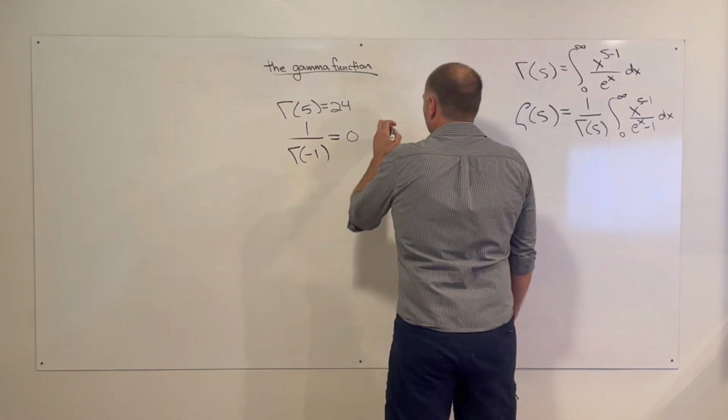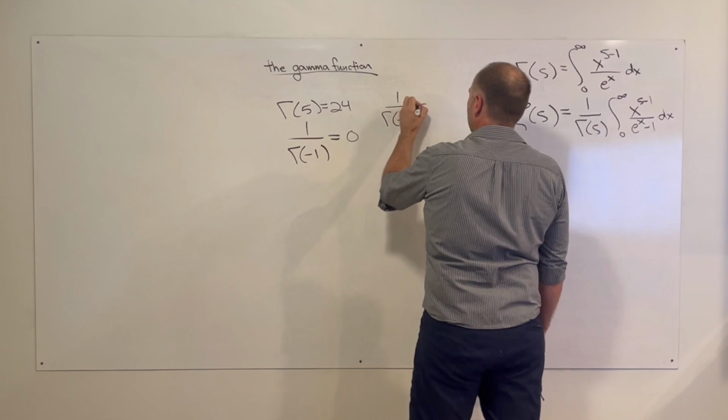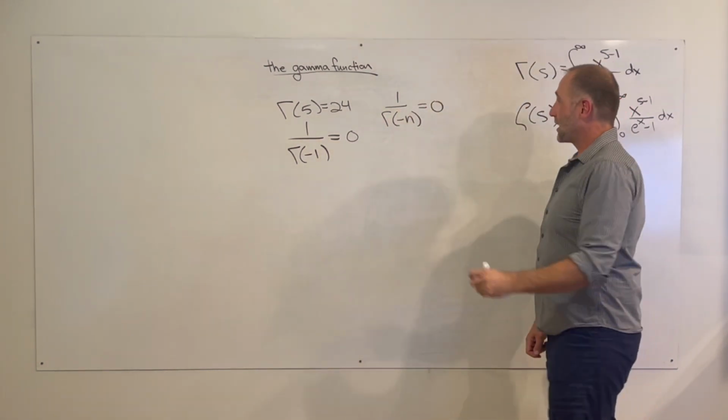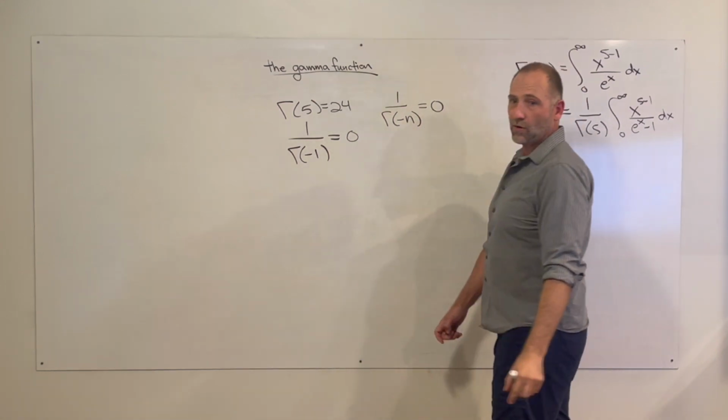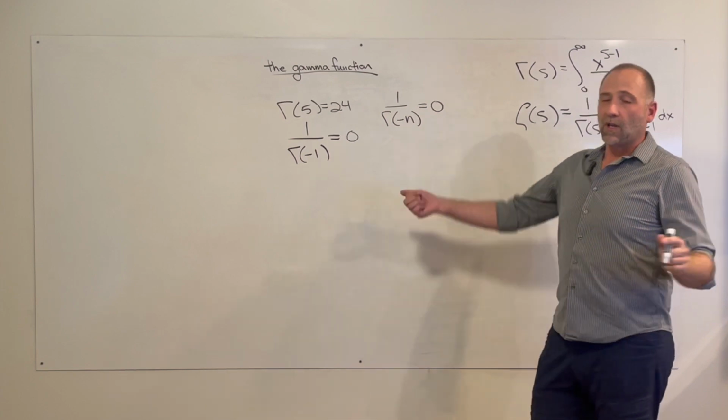In fact, 1 over gamma of negative n equals 0, where n is 0, 1, 2, 3, 4, 5, 6. So very specifically just those, all the way up.